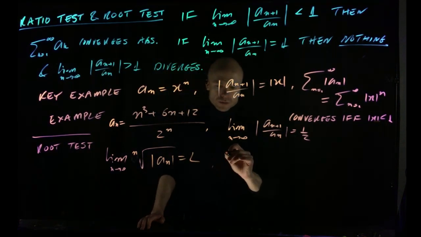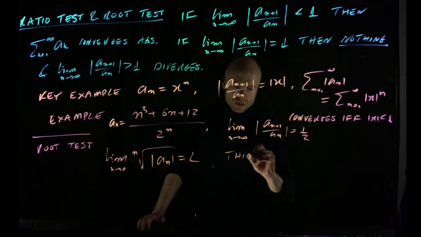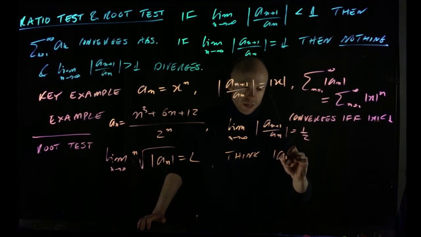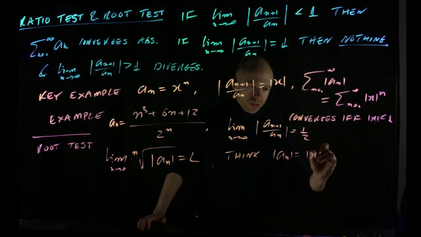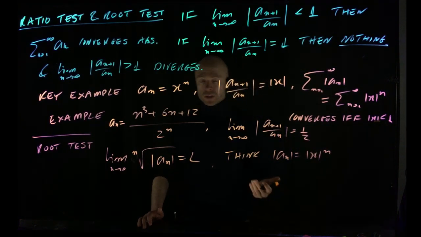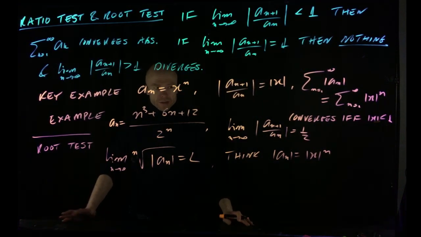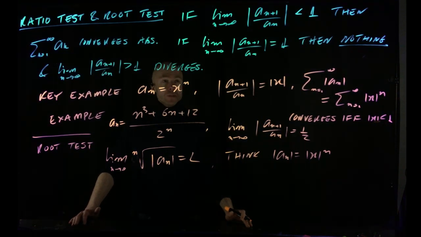And again, think of a_n being mod x to the n. Then the nth root would just give us x, and again, it's a different way to determine if at its heart it's a geometric series. If the limit is bigger than 1, then these terms are not going to 0.